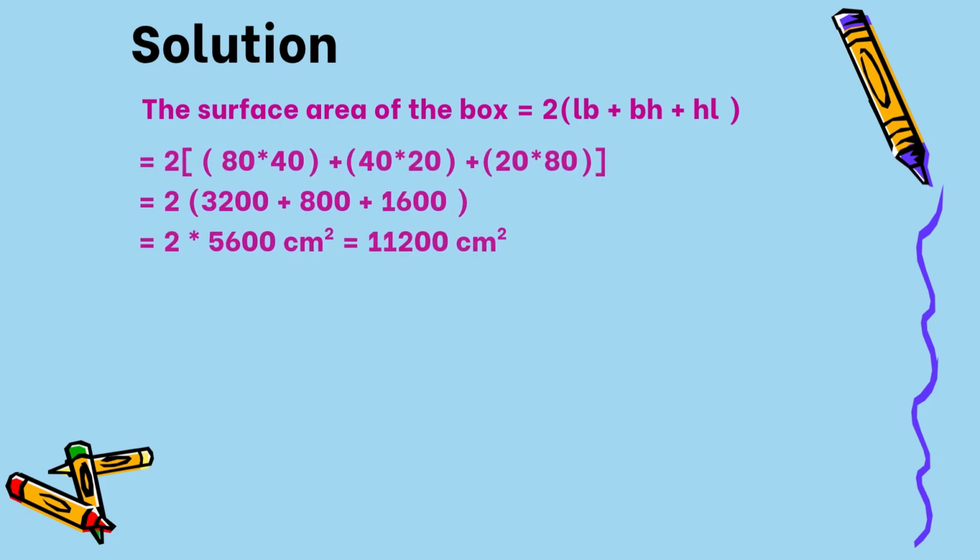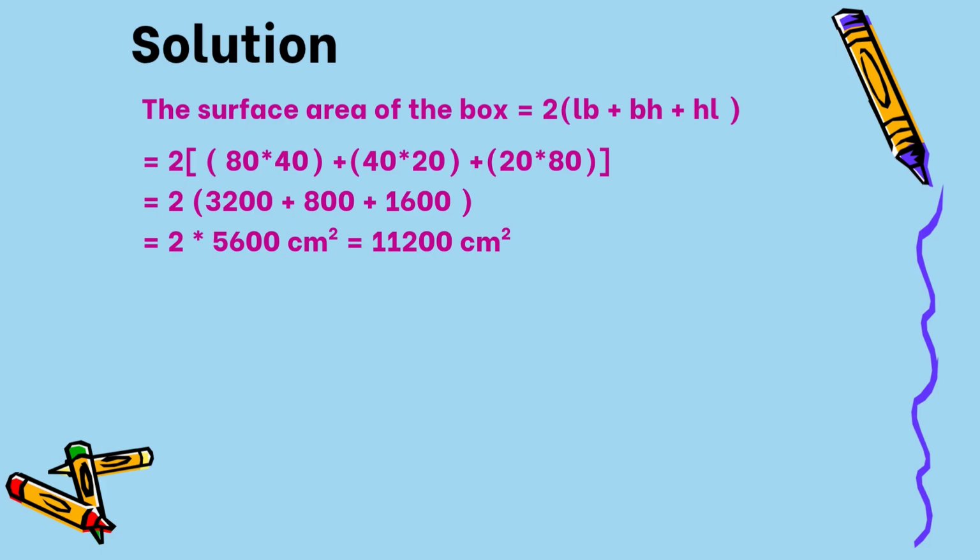Surface area equals 2 times (80 times 40 plus 40 times 20 plus 20 times 80) equals 2 times (3200 plus 800 plus 1600) equals 2 times 5600 centimeters squared equals 11,200 centimeters squared.